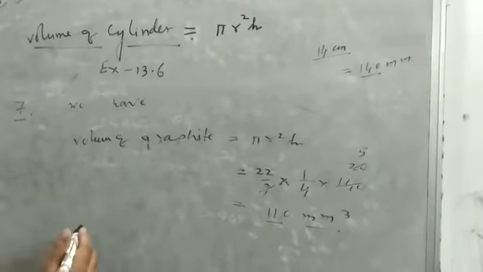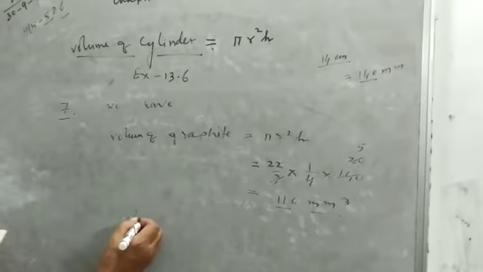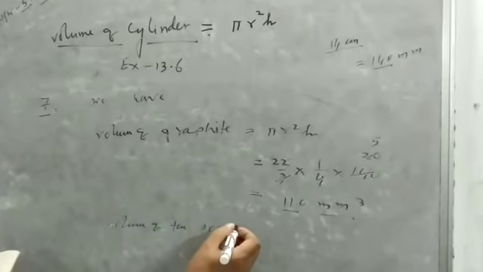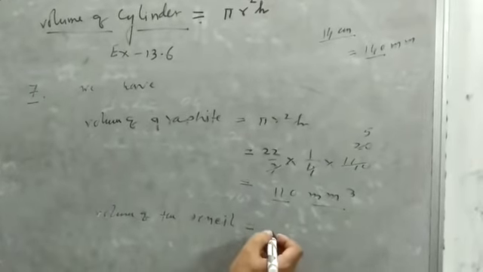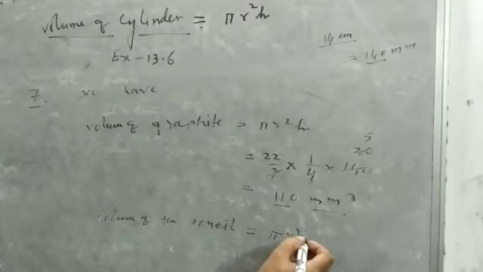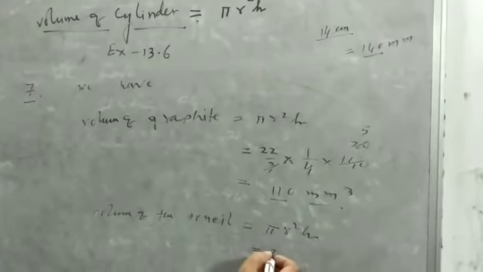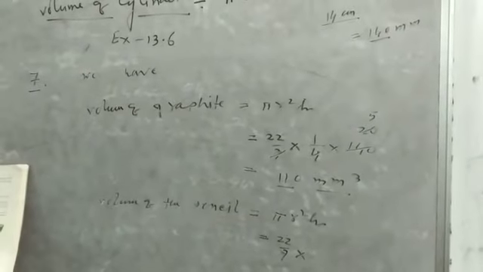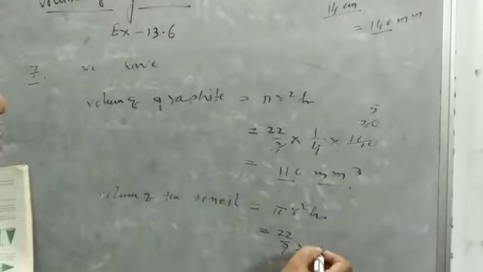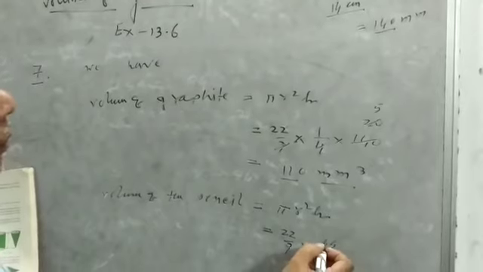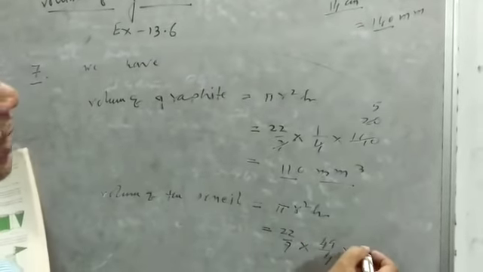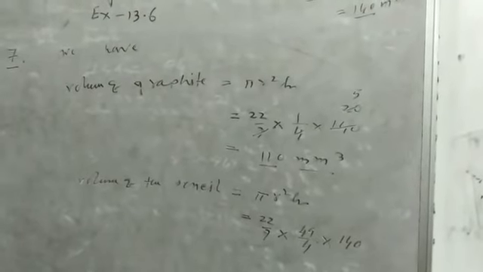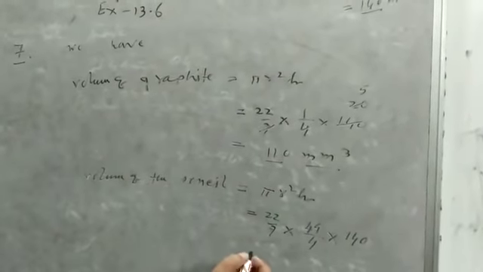Then for the second part we will write the volume of the entire pencil. It is of cylindrical form, so pi r square h. Then pi is 22 by 7, and the entire pencil diameter is 7 mm, so the radius is 7 by 2, and squared it is 49 by 4. And then the height is the same, 140 mm. Now we will cancel it.